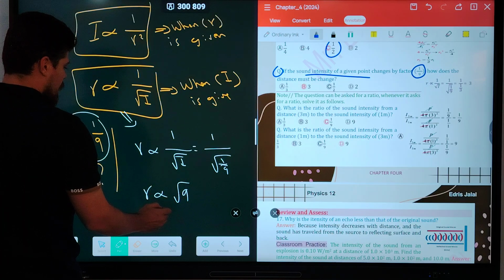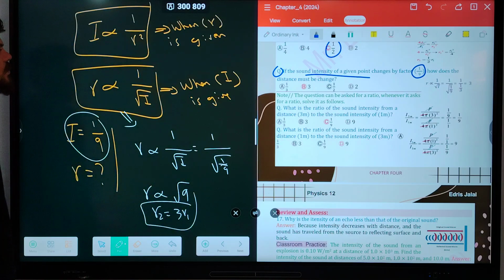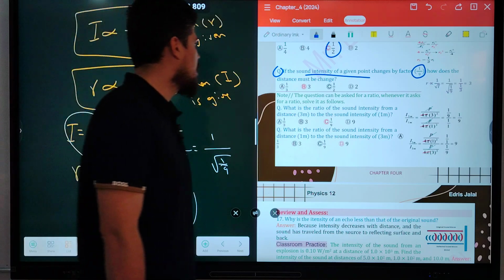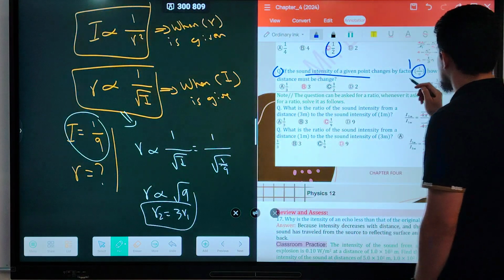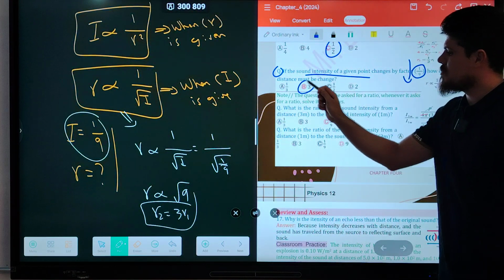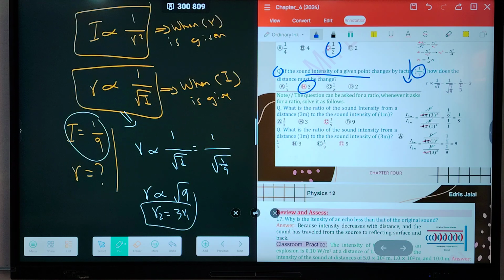R2 becomes 3 times R1, because intensity becomes less, so R must be increased by factor 3. R2 is equal to 3R1.